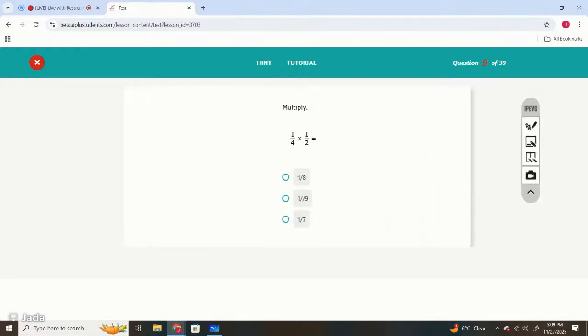So that is 1 over 63. 1 by 4 times 1 by 4. Very good. Option number 1 is the correct option. That is 1 by 8.